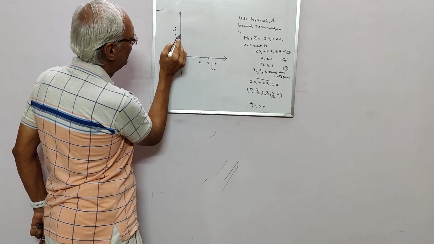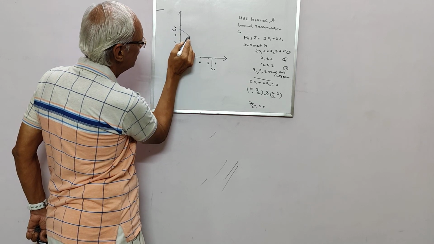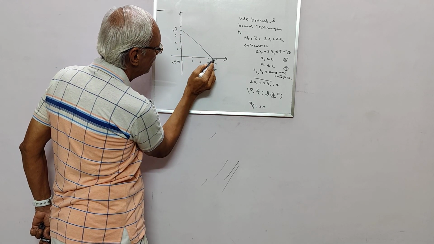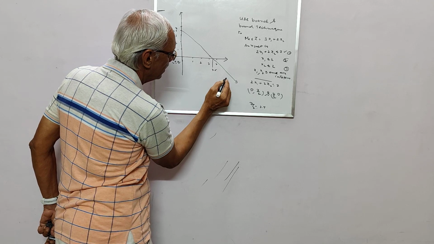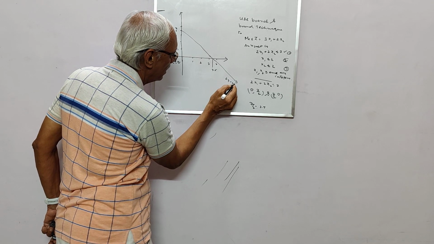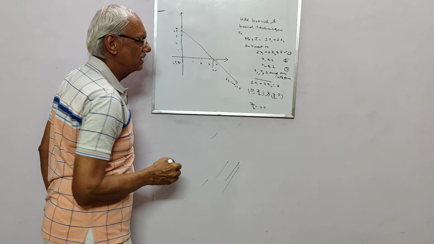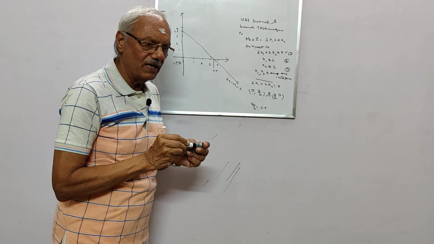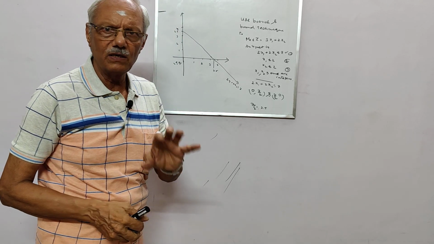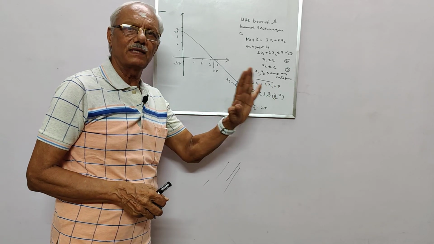Now you draw the line like this. So this is a line. So what have I done here? I have not done anything big here. I have simply drawn this line. That's all.